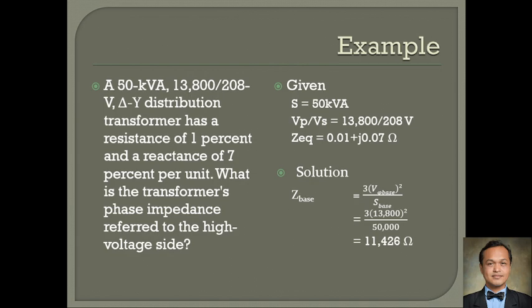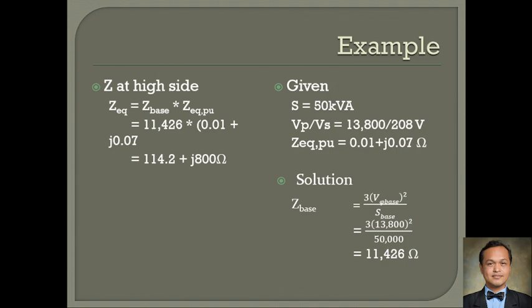Since we have the Z base, we can get the value of the Z equivalent or the impedance equivalent. We just multiply the Z base by the Z equivalent per unit, and we find that it is 114.2 plus j800 ohms. So that is the true value of the impedance equivalent.